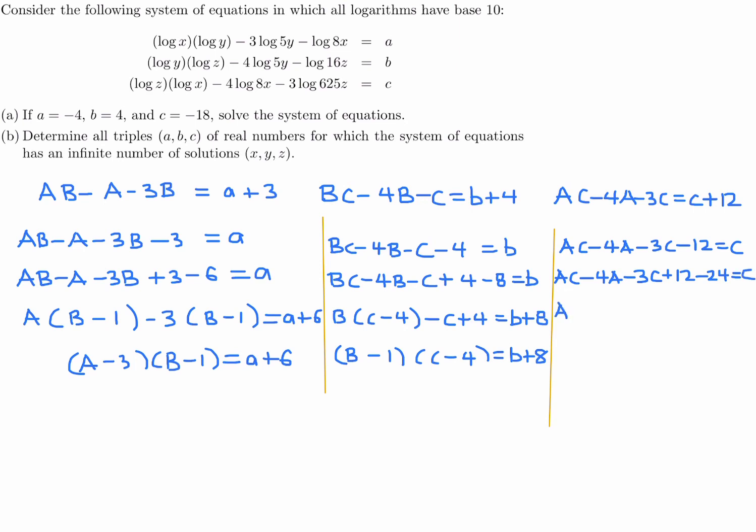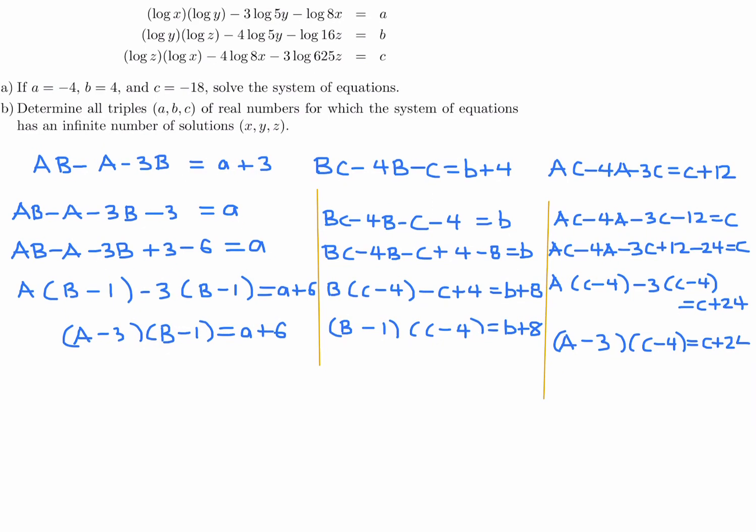So again, factoring, I get a times c minus 4, and then here I'll get minus 3 times c minus 4, and on that side it'll be c plus 24, and this side of course factors into a minus 3 and c minus 4 is equal to c plus 24. All right, so I've got my 3 equations.